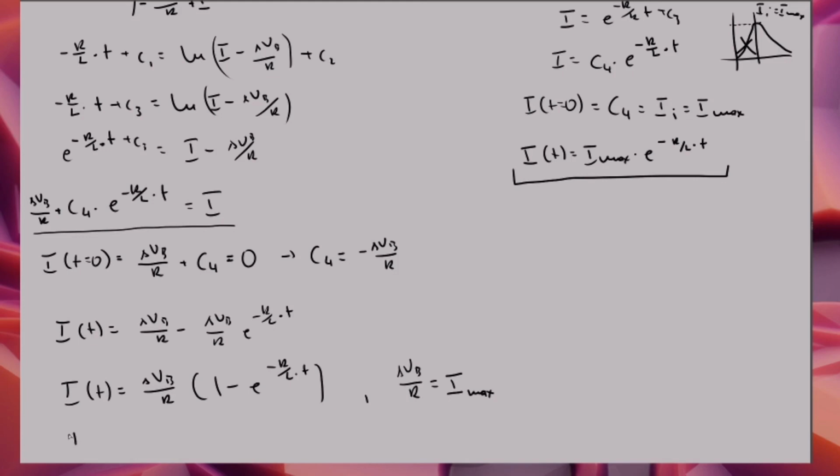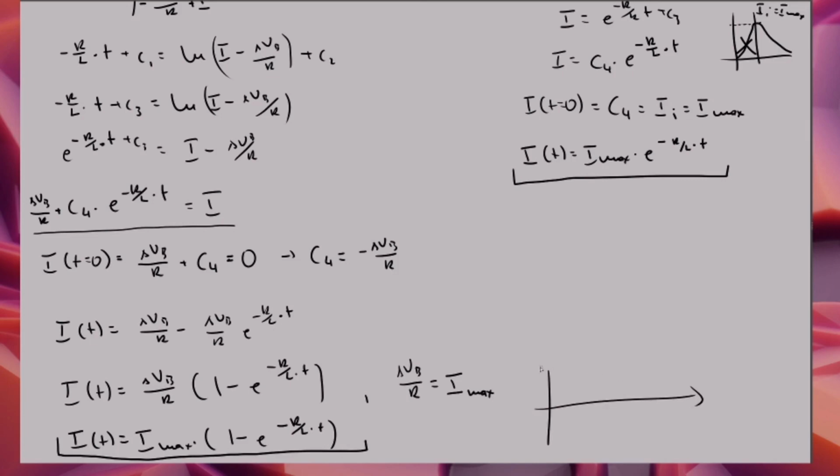And so in that sense, the current should look like this: the maximum current times 1 minus e to the minus R over L t, and this will do, because we do get the graph we want out of it.